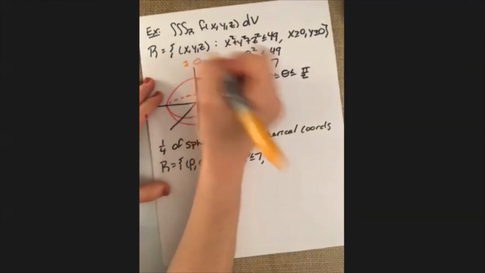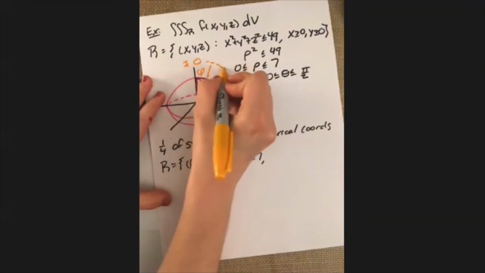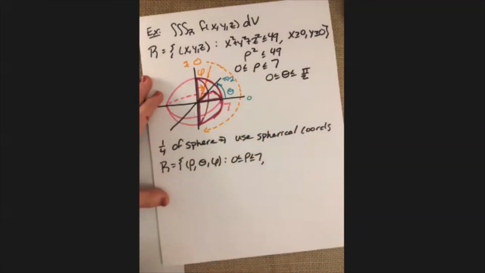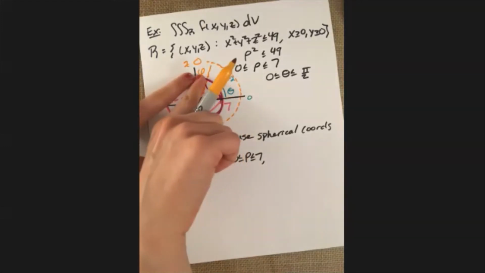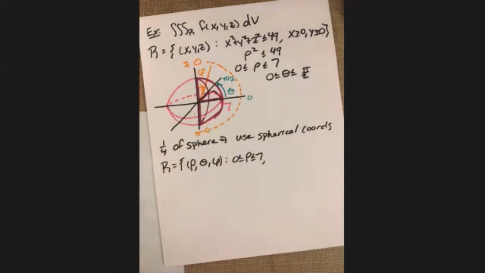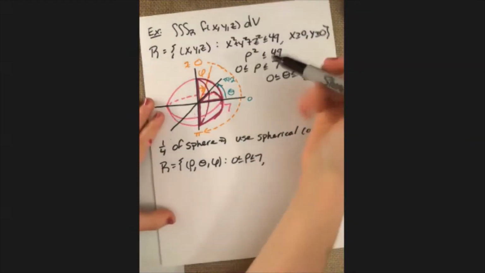We want it to start up here at 0 and sweep all the way down to the negative part of the z-axis, and that takes me down to pi because it's a half circle. So phi is always ranging between 0 and pi. It's just a matter of whether we want to put further restrictions on that. In this case, we don't, because we want this entire slice from top all the way down to the bottom of it. So phi is allowed to take on its full range of motion.